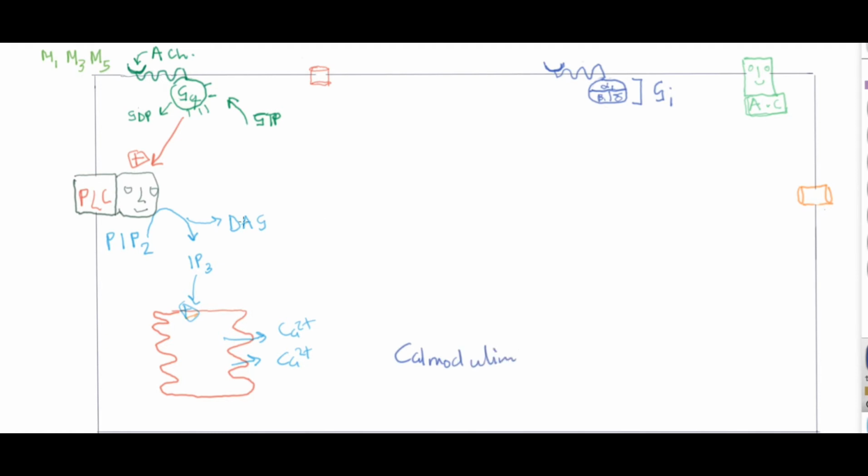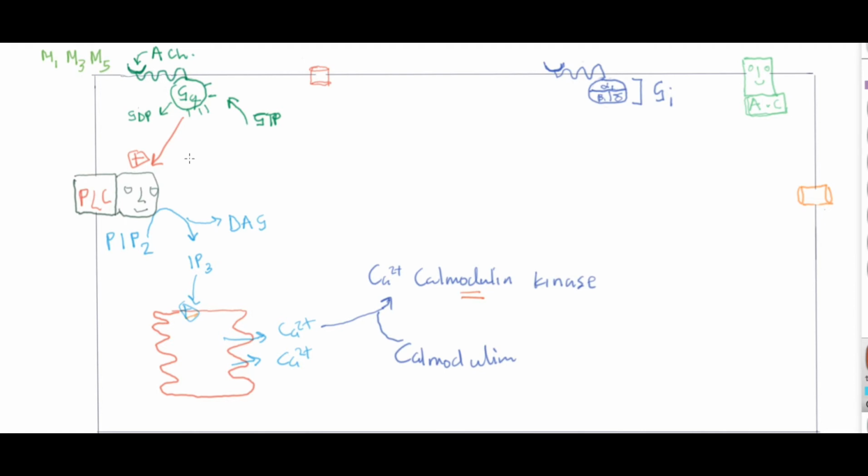Calmodulin and calcium will combine to form the calcium calmodulin complex. Some people just say calcium calmodulin kinase. That's the first thing. Let's underline it here.